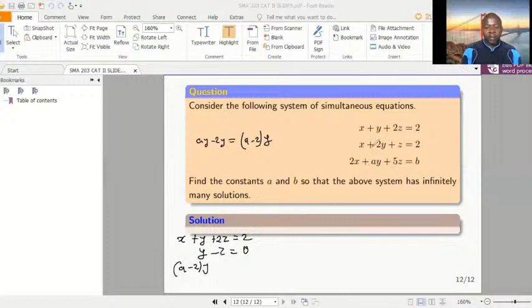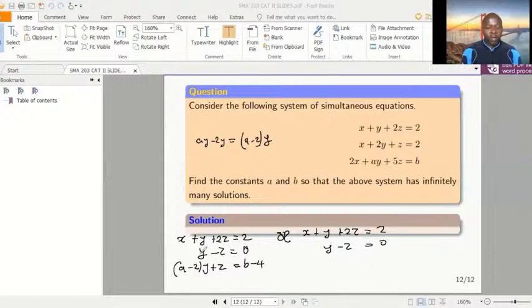Now multiply this by 2 to get 4z, subtract from this to get b minus 4. So we have x plus y plus 2z equals 2, and y minus z is 0.